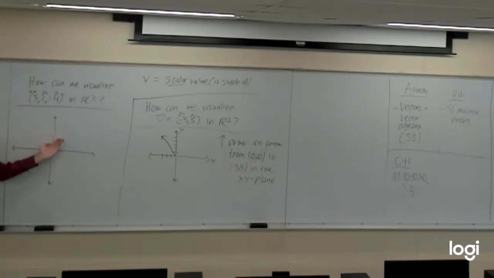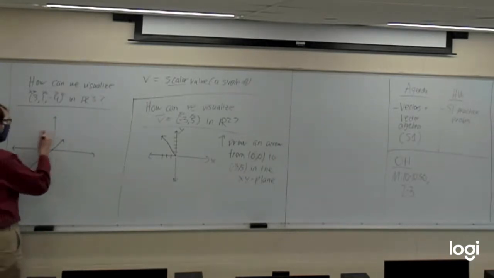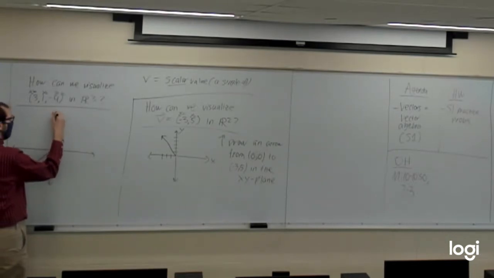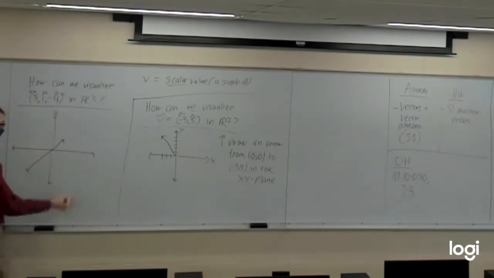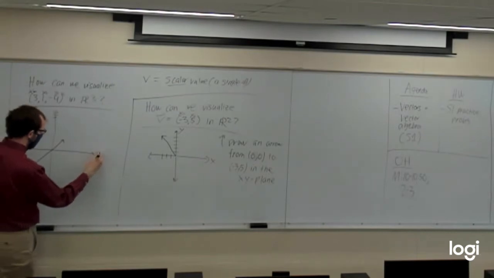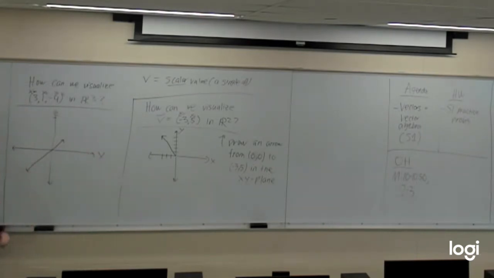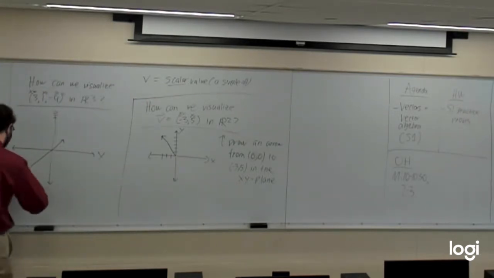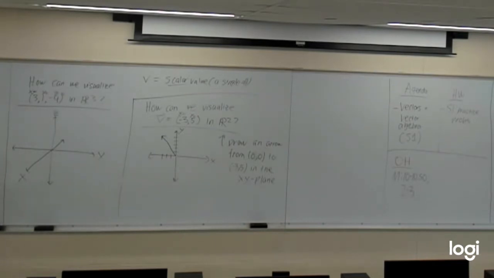You're supposed to think of this arrow as not really going up right to down left, but sort of jumping out of the board at you. Our vertical axis is going to represent the z-coordinate. The horizontal axis is going to represent the y-coordinate. And the axis that represents depth, jumping out of the board at you, is going to be our x-coordinate.